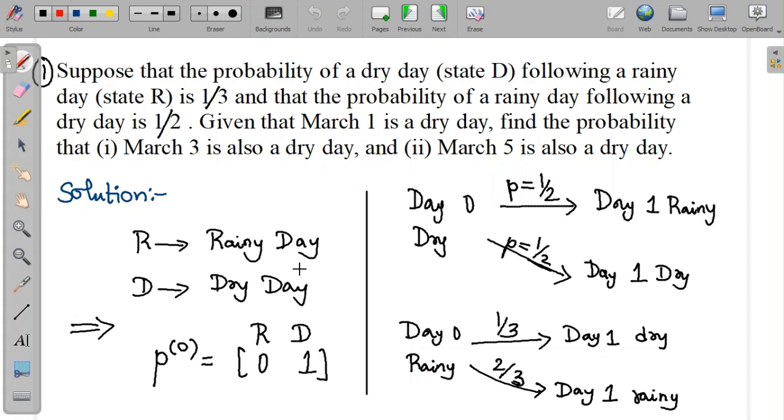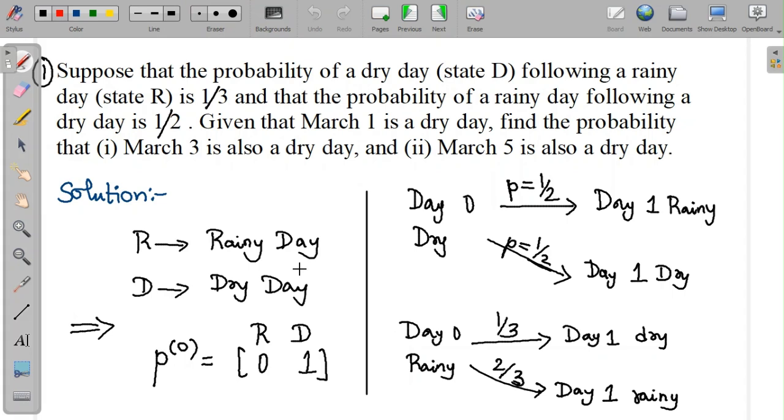So this is a classic example of a Markov chain where we usually try to model the weather of a given city on a given day based on the weather of the previous day. So there are two states here. A given day could be a rainy day R or a dry day D. And the problem also tells us that March 1 was a dry day.